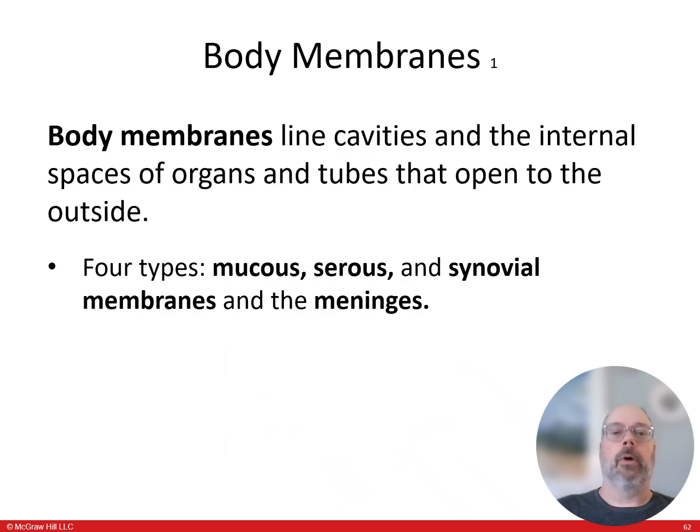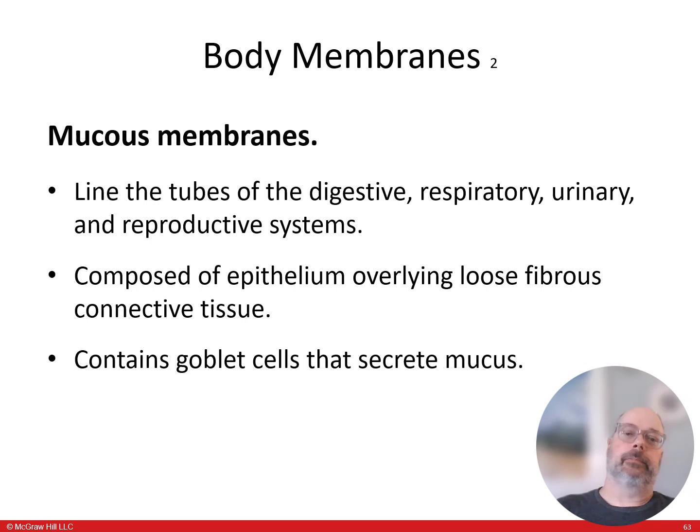All right, so our bodies have membranes, and there are 4 different types: mucus, serous, synovial, and meninges. Mucous membrane is one of my favorites, easy to remember. My example is that you have mucous membranes in your nose, which creates snot.